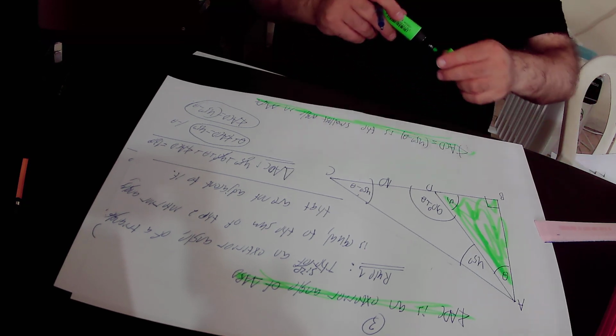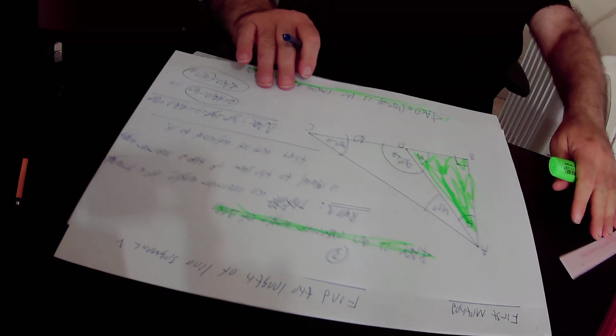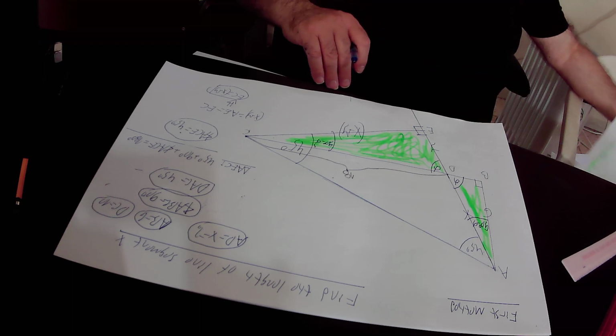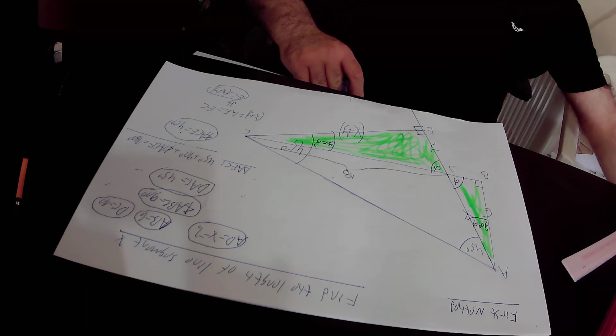And we have also rule number 2 that is related to the smallest angle in a triangle.